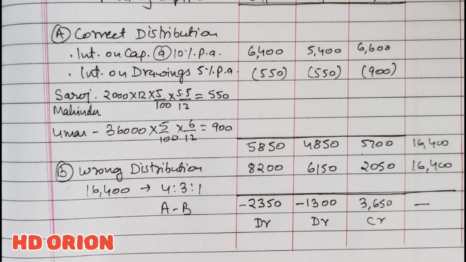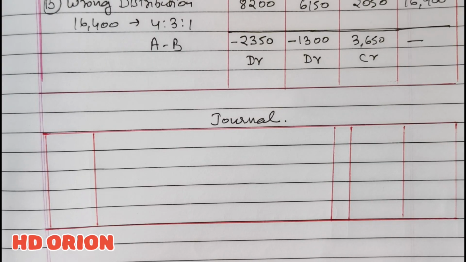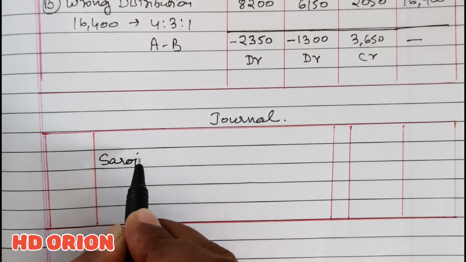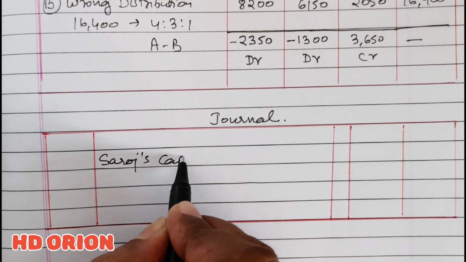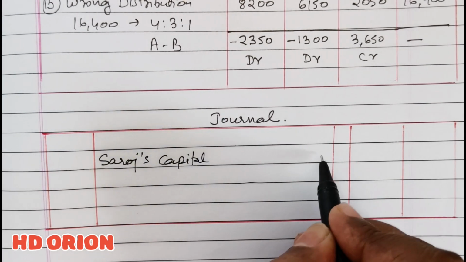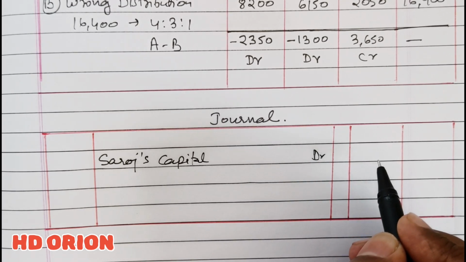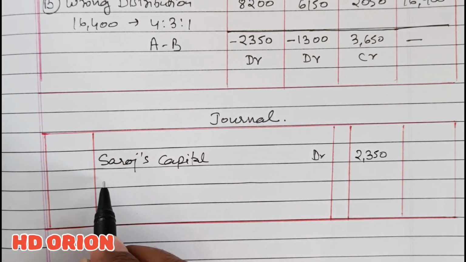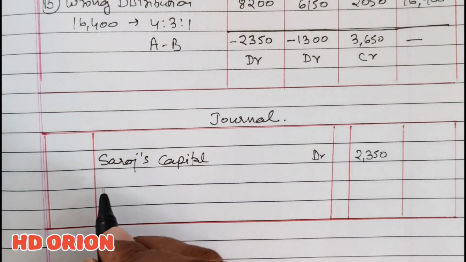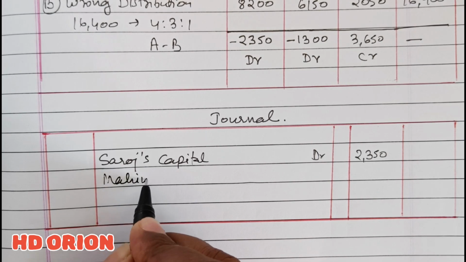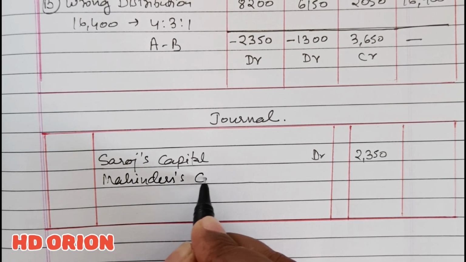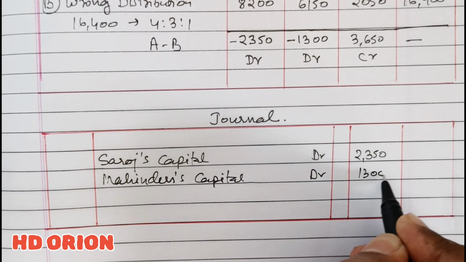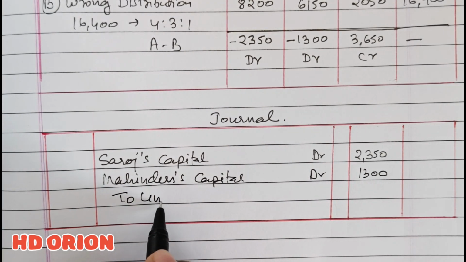So with this we will pass the journal entry. So Saroj's capital account will be debited by rupees 2350. Mahinder also debited $1300 to Umar.